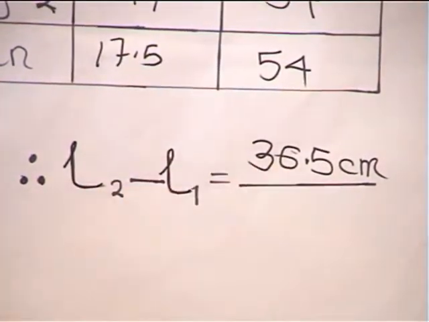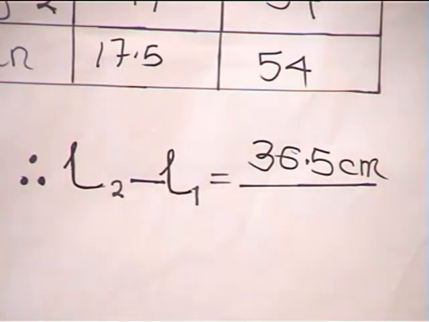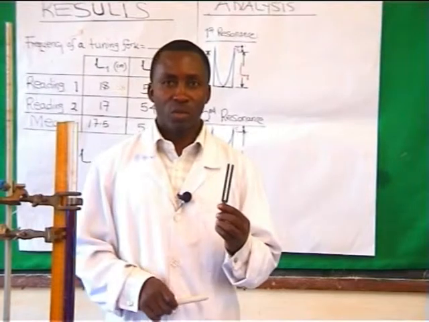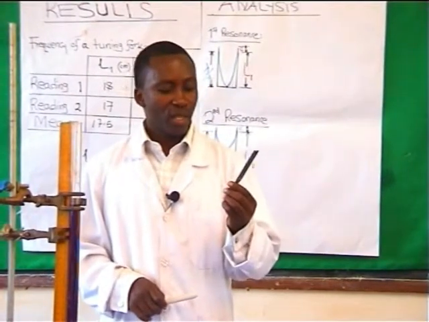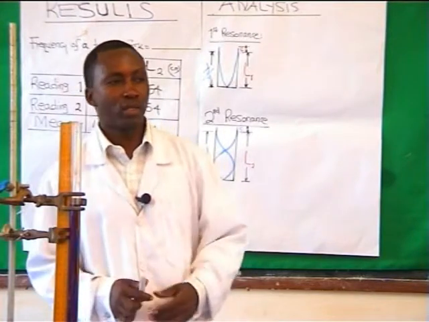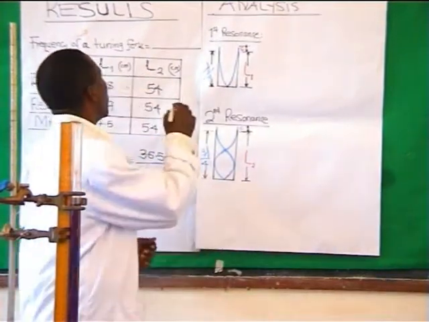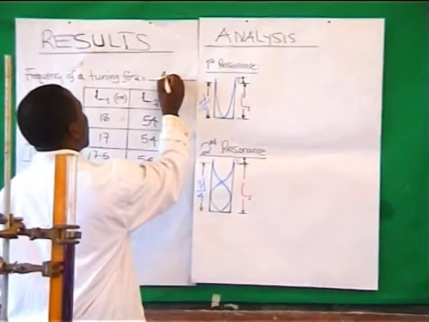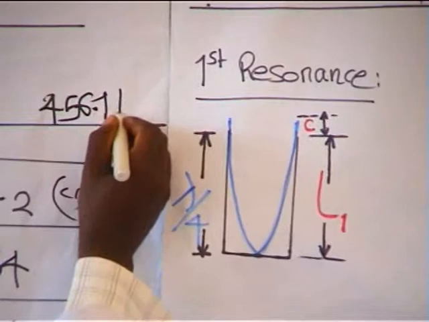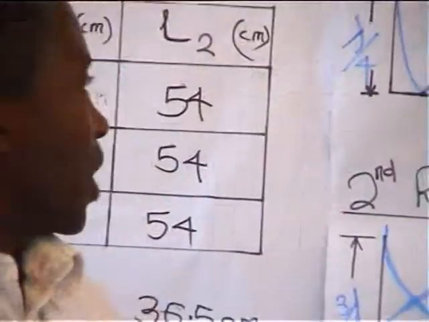This will give you 36.5 centimeters. Then record the value of the tuning fork used. In our case, the value is 456.1 Hz.